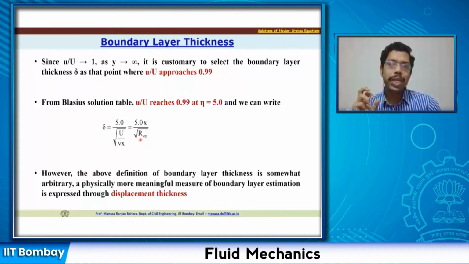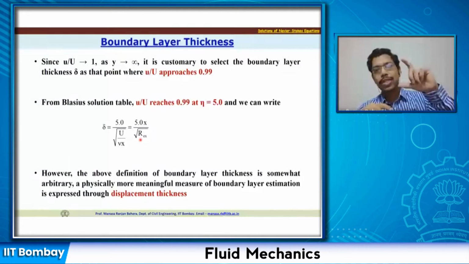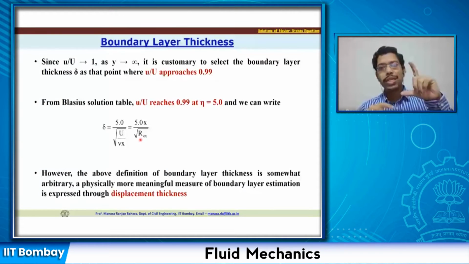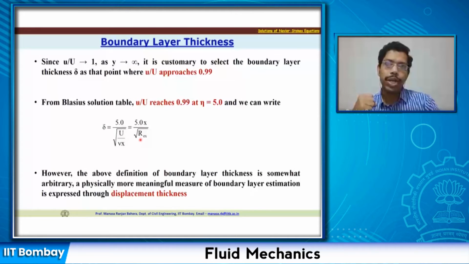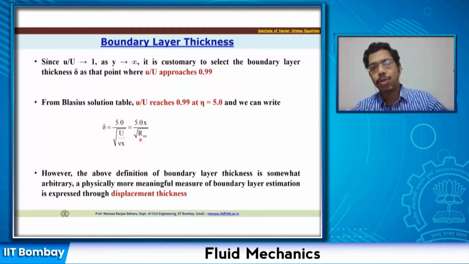What is that displacement thickness? We will try to understand as we move on with the lecture, but at least now we understood that there is a boundary layer thickness where eta equals 5, and we cannot really measure that so easily, so we have coined some other concept which is called displacement thickness, and with that we will be able to correlate to boundary layer thickness and get the value. So now let us see what that is in the due course of this lecture.